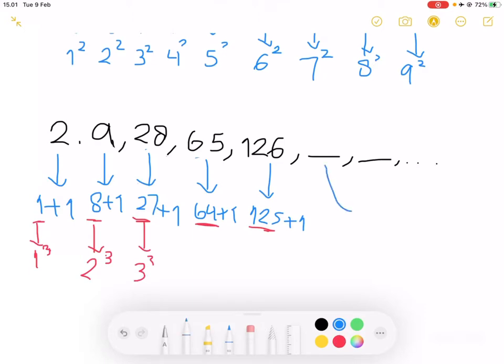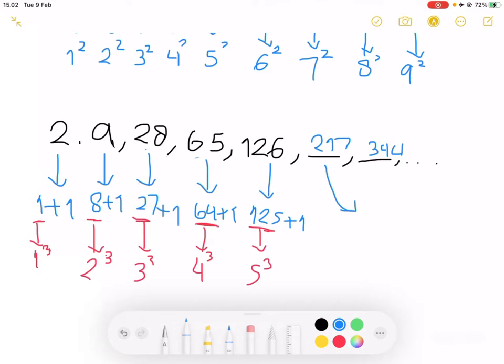So you can predict the next term. This is 4 cubed, this is 5 cubed, and the next term will be 6 cubed plus 1. 6 cubed is 216, and plus 1 will be 217. The next term will be 7 cubed plus 1. 7 cubed is 343, and then plus 1 will be 344.